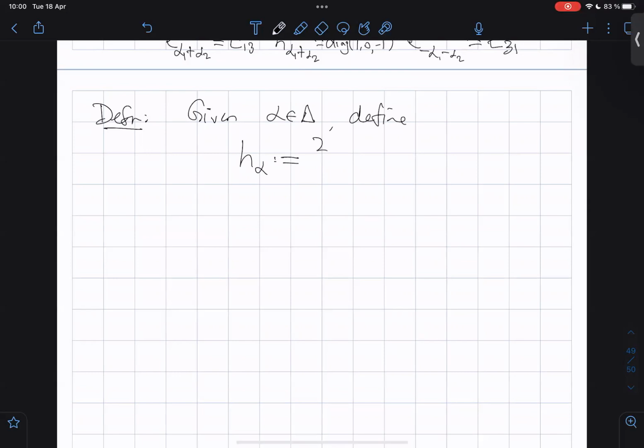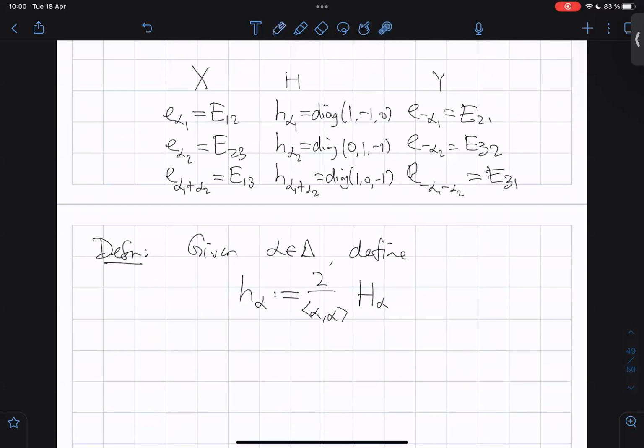But it turns out that if you rescale it appropriately, you're always going to get an H from an SL2 triple, just like what we have over here. There are some checks that again need to be done here, but it turns out that this always works.